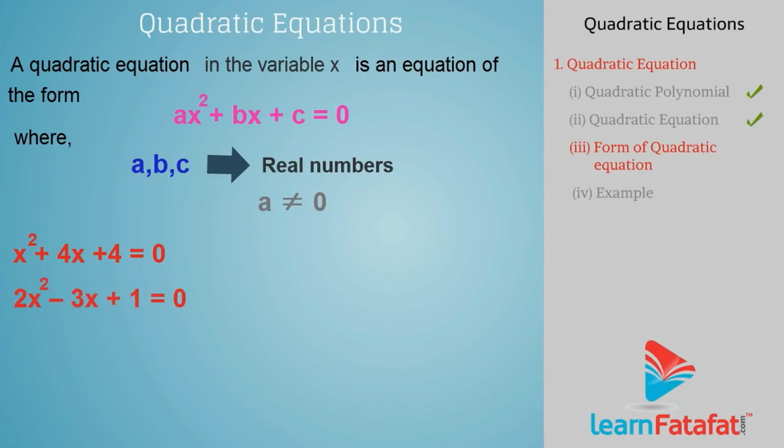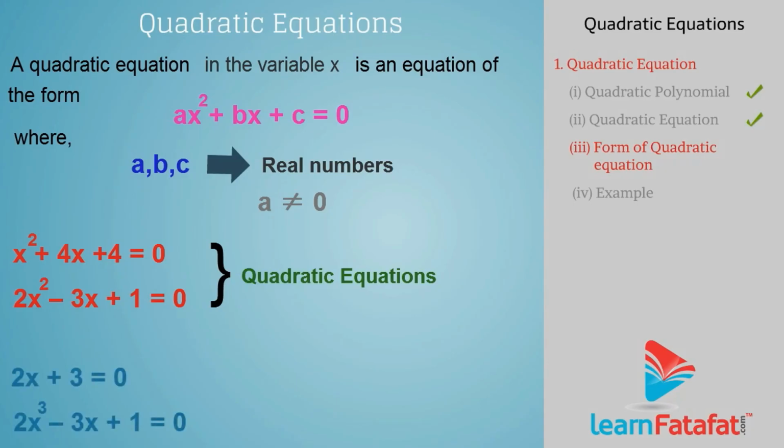Examples are x square plus 4x plus 4 is equal to 0 and 2x square minus 3x plus 1 is equal to 0; these are quadratic equations. But 2x plus 3 is equal to 0 and 2x cube minus 3x plus 1 is equal to 0 are not quadratic equations.